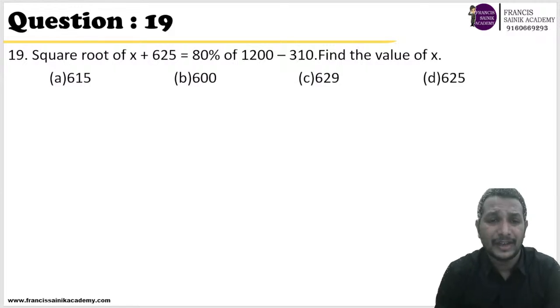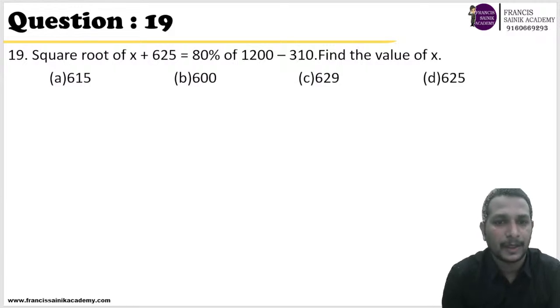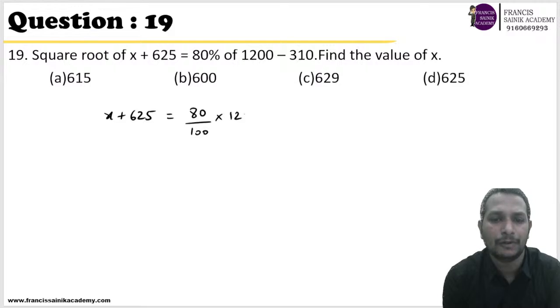Square root of x plus 25, x plus 625 equals 80% of 1200 minus 310. First, find the value of this equation. x plus 625 equals 80% of 1200, which is 80 by 100 into 1200.